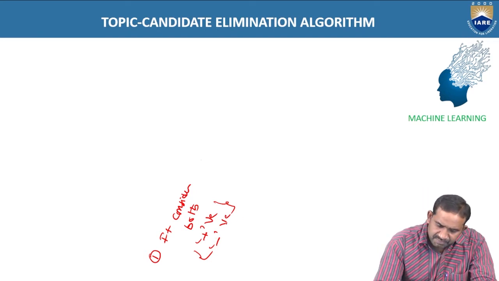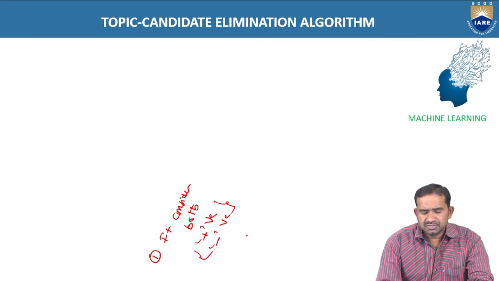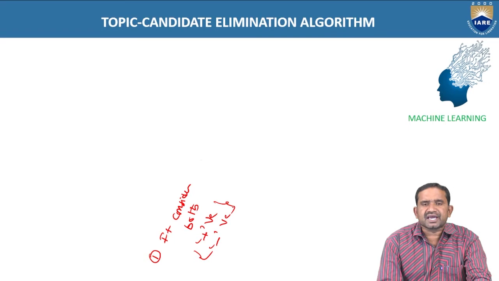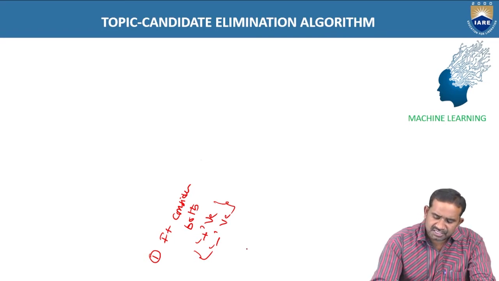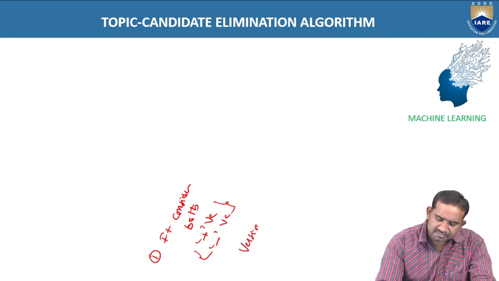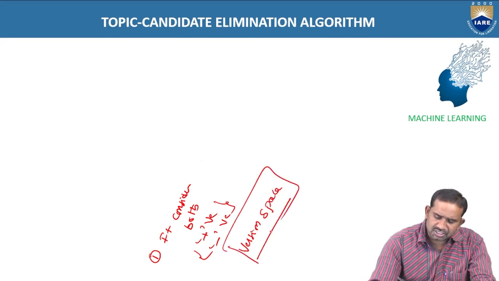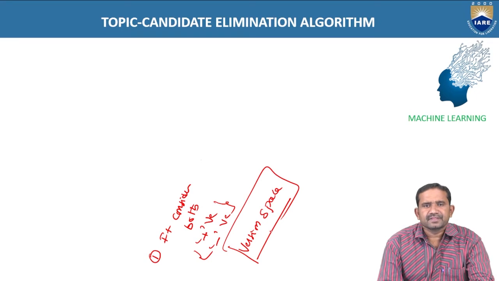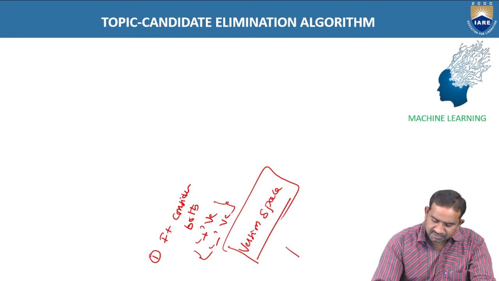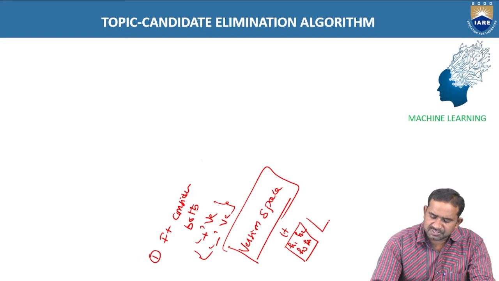Next, one specific concept in the candidate elimination algorithm is called the version space. The version space holds a set of hypotheses, for example H1, H2, H3 and H4, which are stored in the version space.